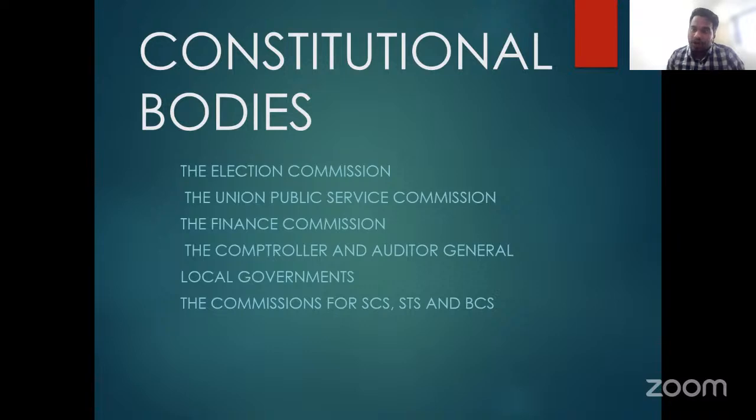It consists of the Chief Election Commissioner and 2 election commissioners. Starting out, we had only the Chief Election Commissioner. In 1989, 2 more election commissioners were added to support the Chief Election Commissioner. Okay, this is related to the Election Commission of India.